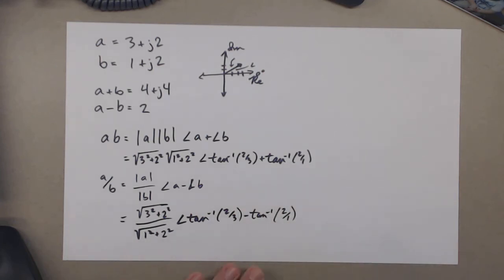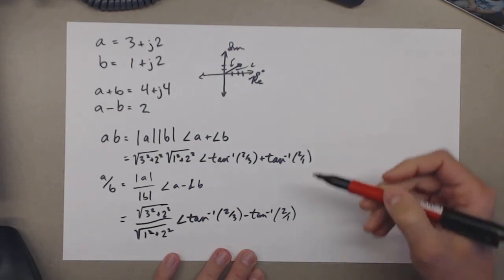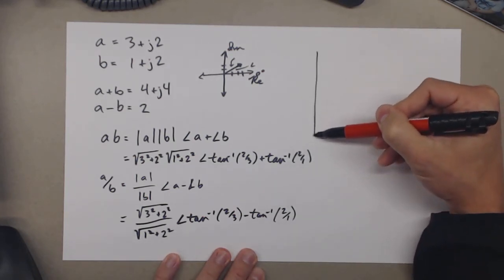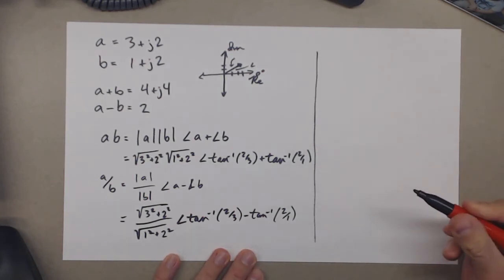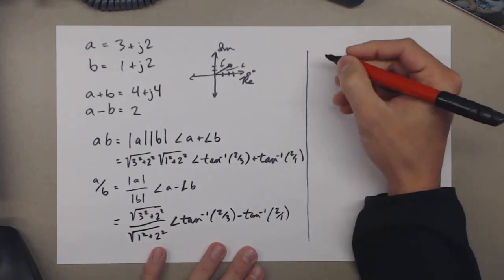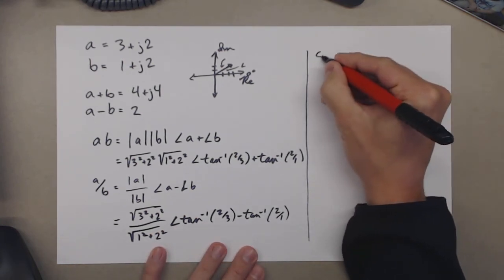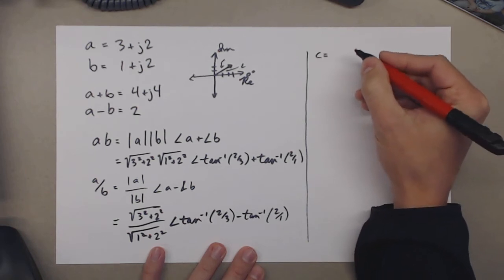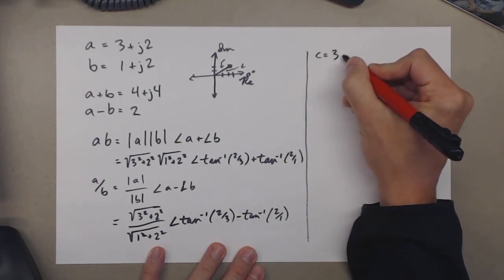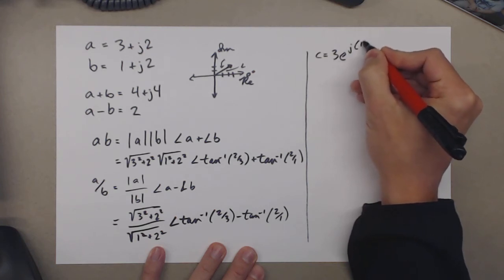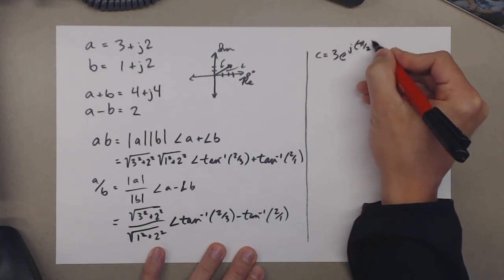Great. One other way of representing numbers that have a real and imaginary part is by using Euler's formula that we've looked at. And so now let's consider if we have a number that is given in this complex exponential form. And so it might be something like this.